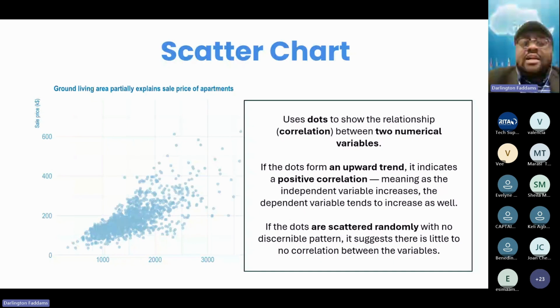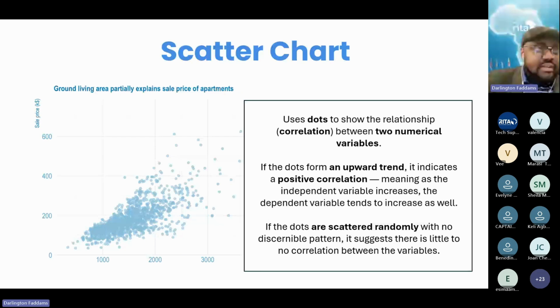But then what you are looking for is a correlation. You want to determine if there is a correlation or not, and what type of correlation there is. Now, if the dots in the charts form an upward trend, it indicates what we call a positive correlation.